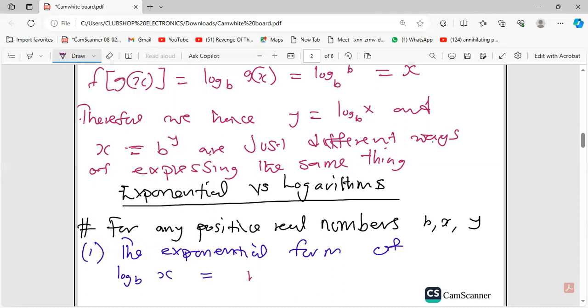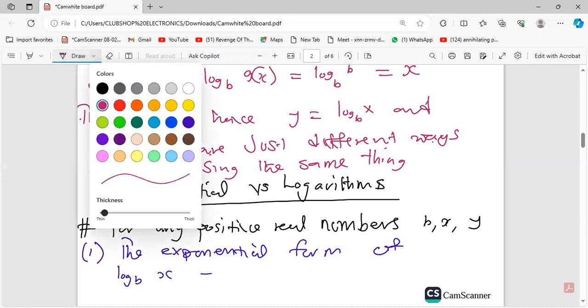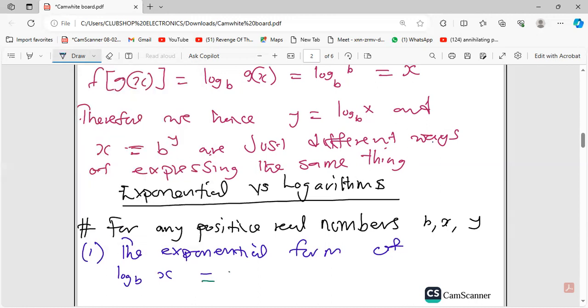Our base is b. Then there is y here, equal to y.